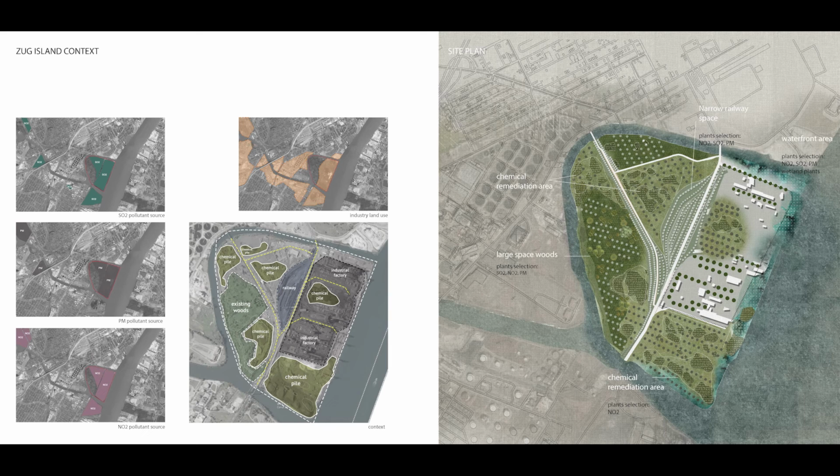You can see there are also some railway trails in the middle of the site. On the right is my site plan. You can see the main direction of these plants is concentrated, cleaning in the middle area of that island, and then guiding them to dilute into different directions.